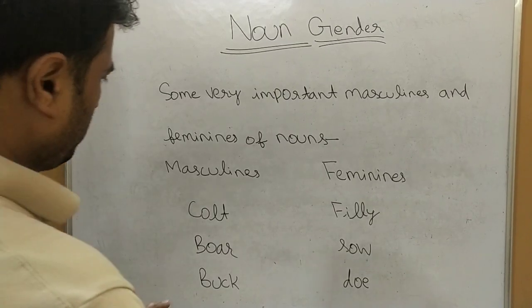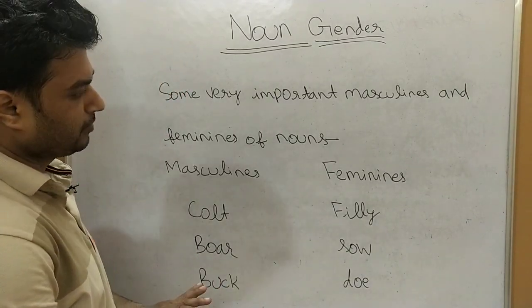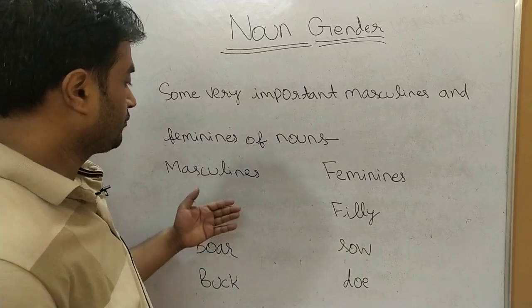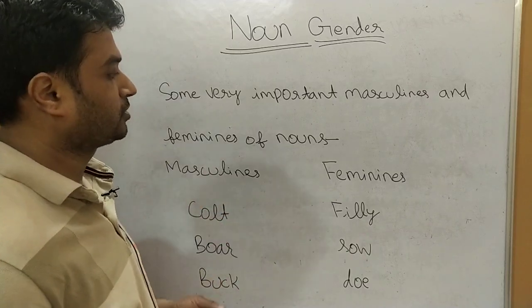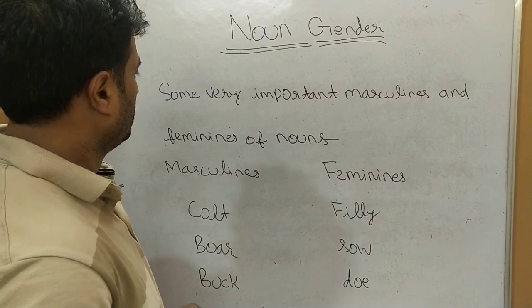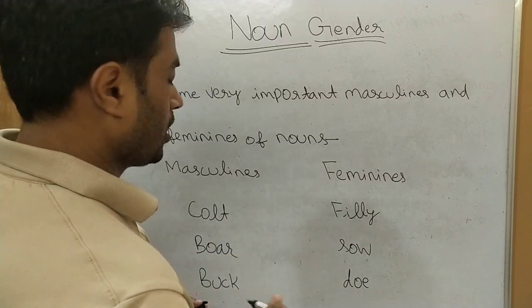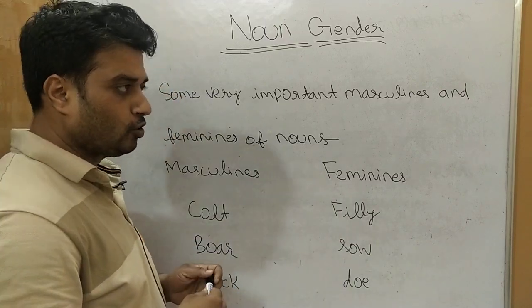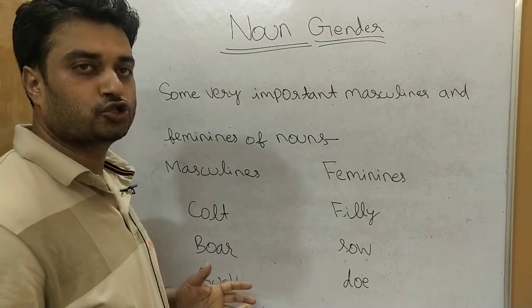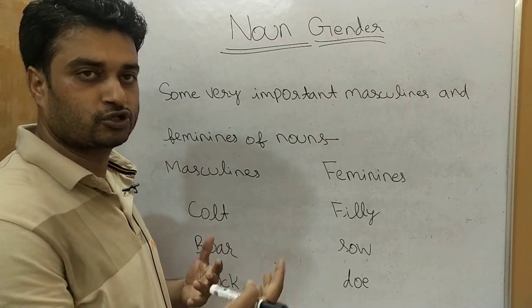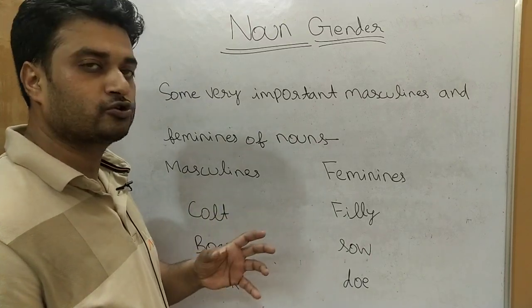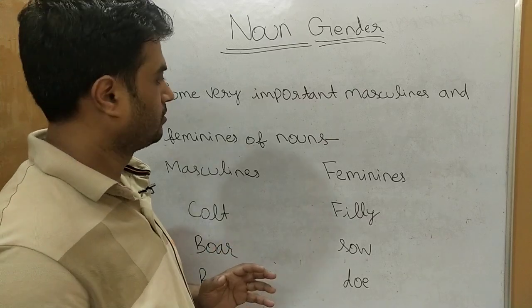Now here are very important masculines and feminines of a couple of nouns. These are very, very important with respect to competitive exams. Before that, let me tell you that we always treat a ship as feminine.